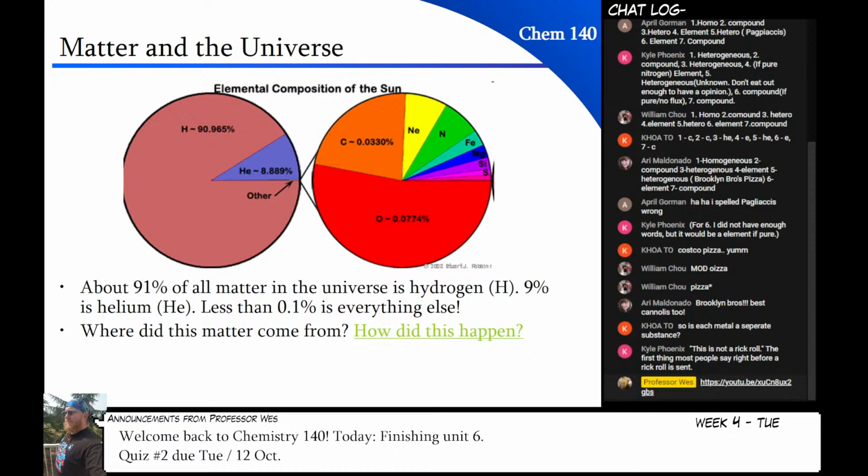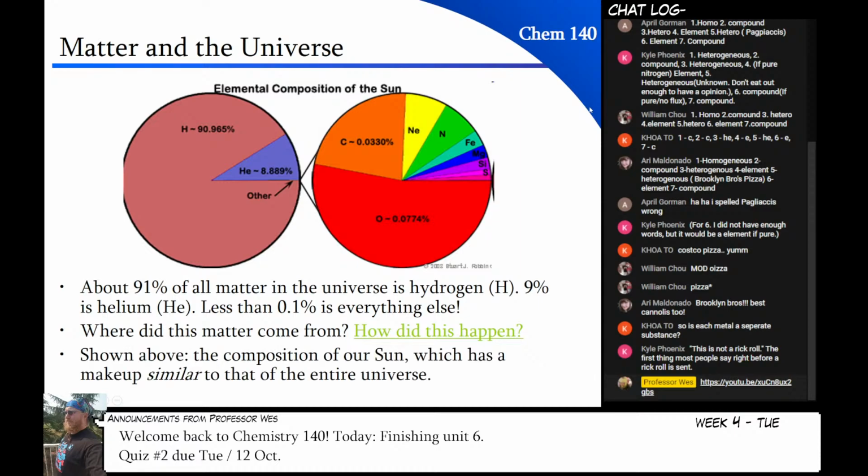But there's a really good description of where the elements came from. According to this chart, which is the elemental composition of the sun, this is a rough approximation of the elemental composition of the universe. Most of the matter in the sun is hydrogen. It's just protons flying around.